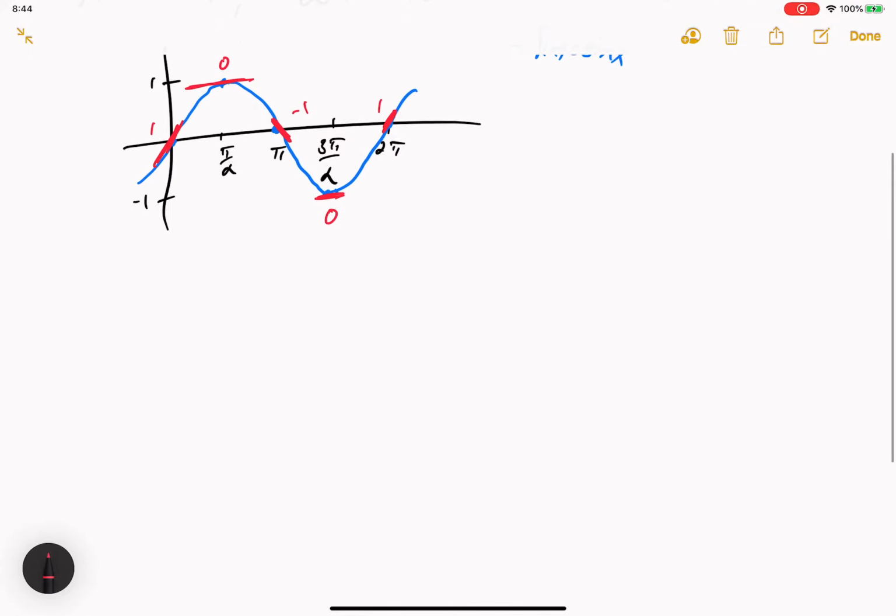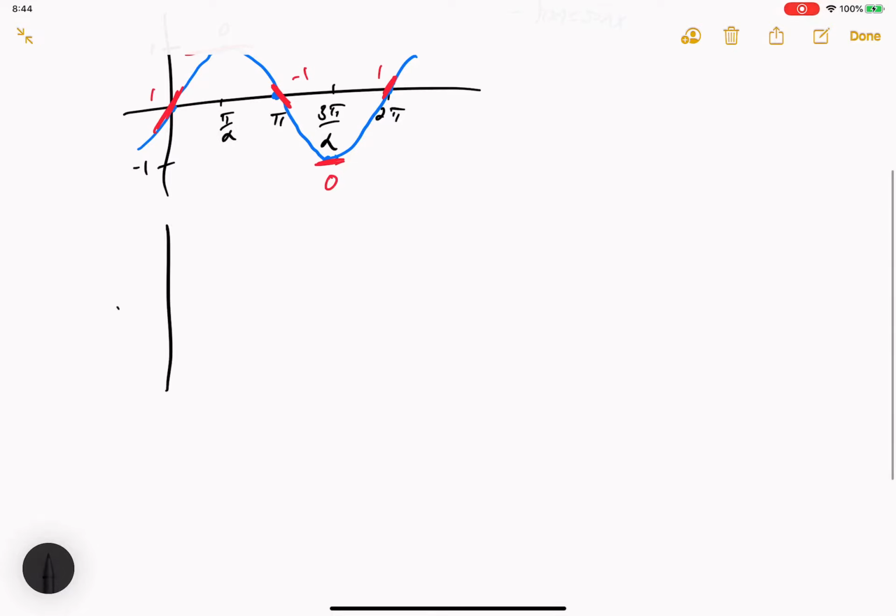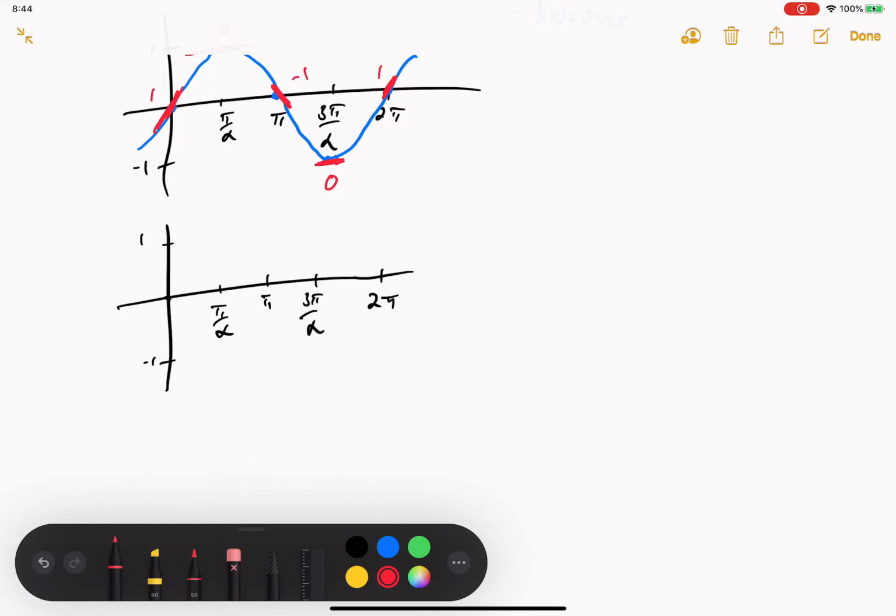So, what happens if we plot those values and try to connect the dots? So this is -1, 1, so 0, pi over 2, pi, 3 pi over 2, and then 2 pi. Now let's plot the points.